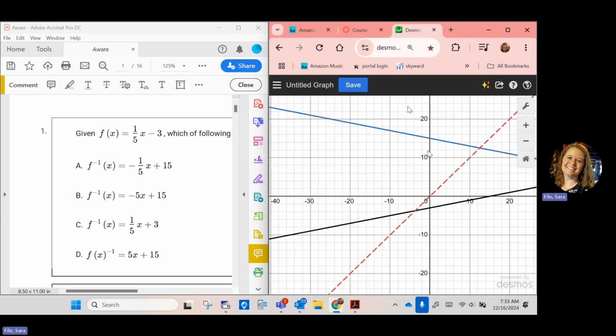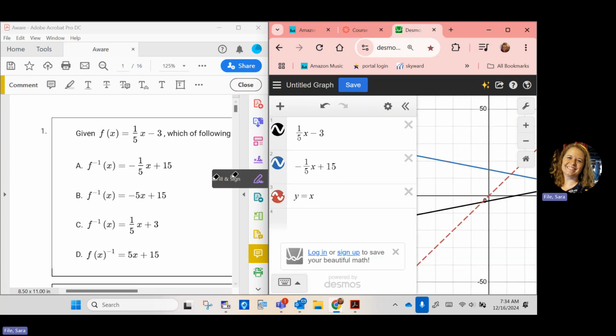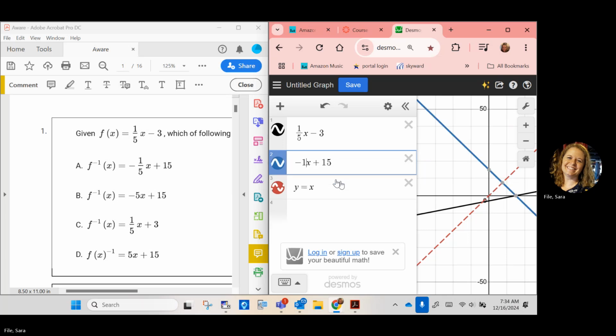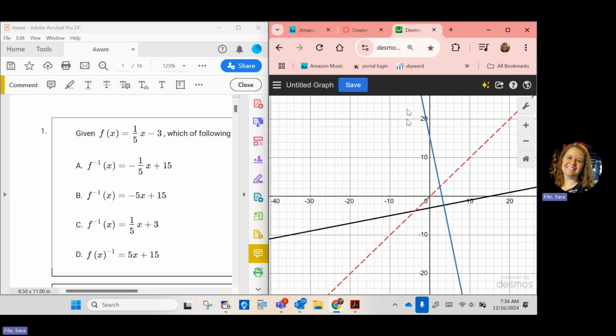If these were a reflection of each other, folded along this red dashed line, everything would match up from the original line to the new line. Those definitely do not, right? Everybody can see that? So that first answer choice is out. Then the second answer choice is -5x plus 15. Well, that's closer, but still not quite it.